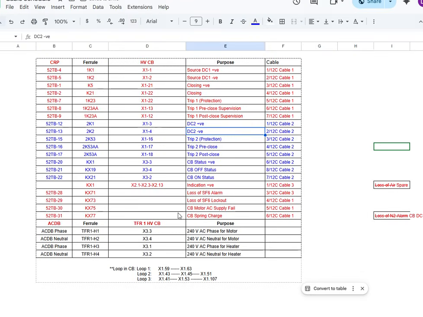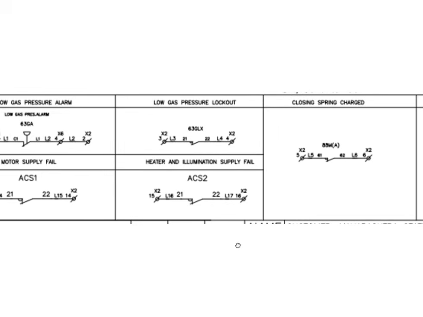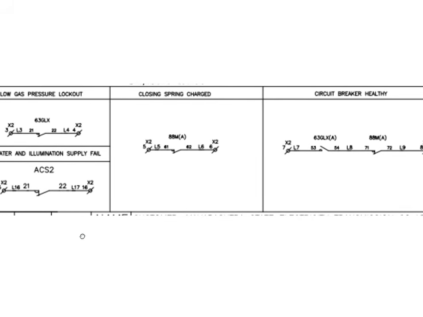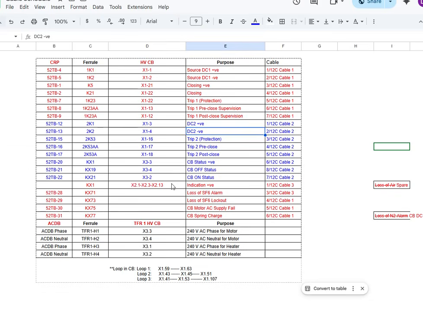Let's check what it is after that. Then it's closing spring charge, which is x2 dot 5.